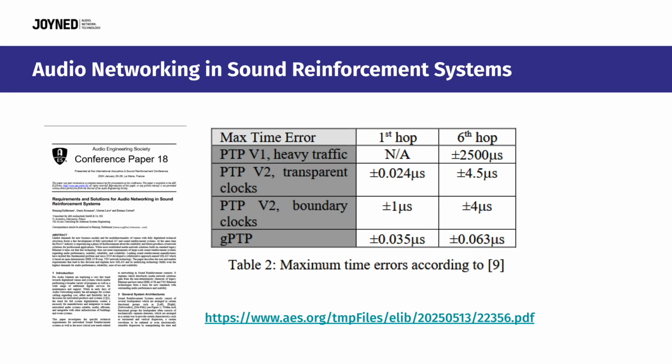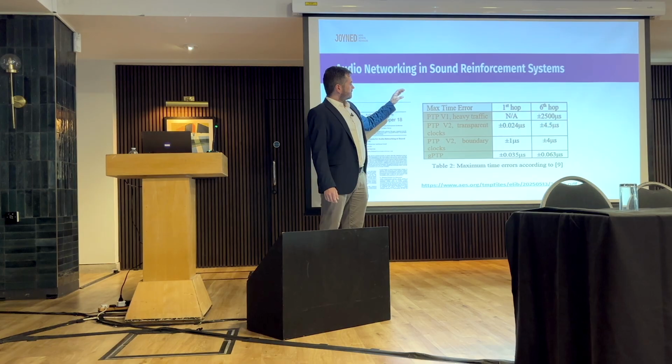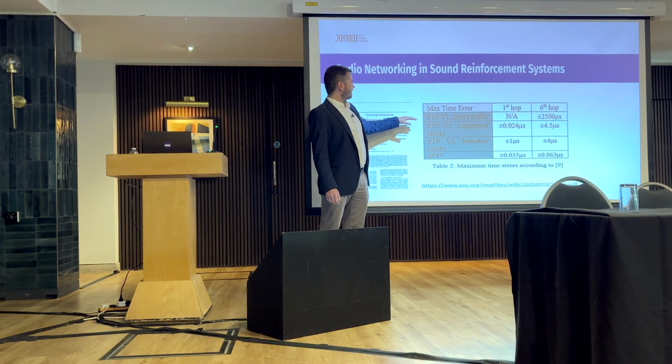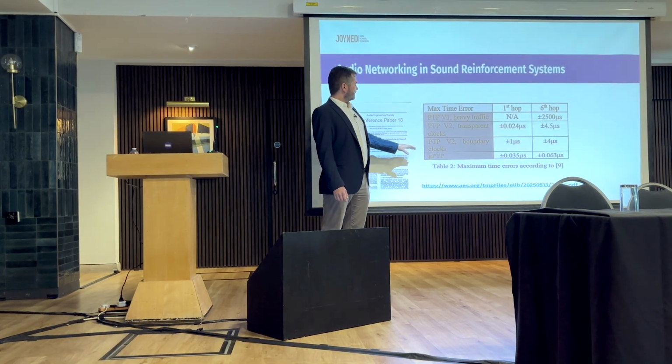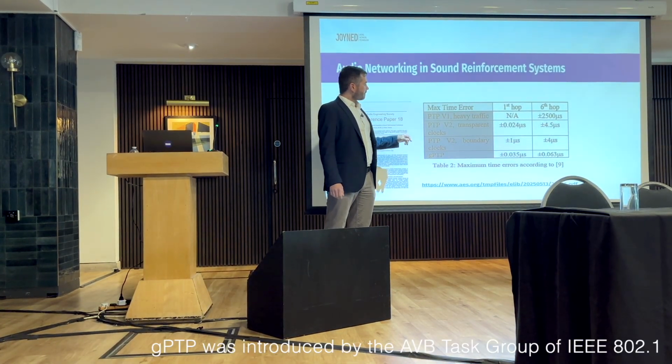Now, there was an AES paper published. My colleague Morten Laaf was involved in that, one of the renowned experts for timing things and network stuff. And we did an analysis about what is the worst case that can happen comparing PTP version 1, PTP version 2, and gPTP.